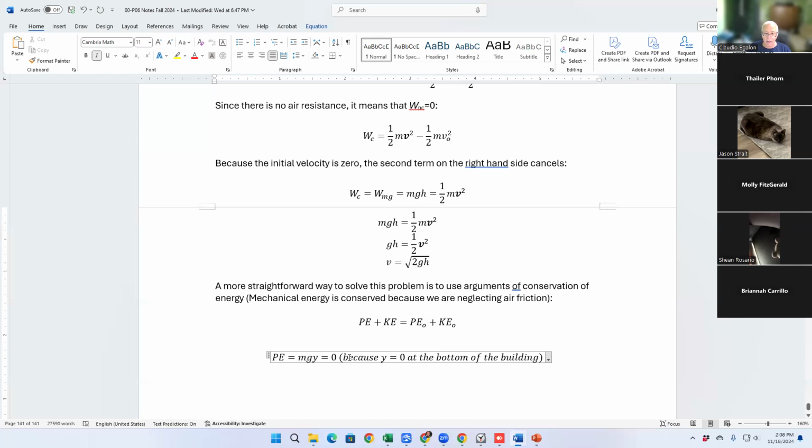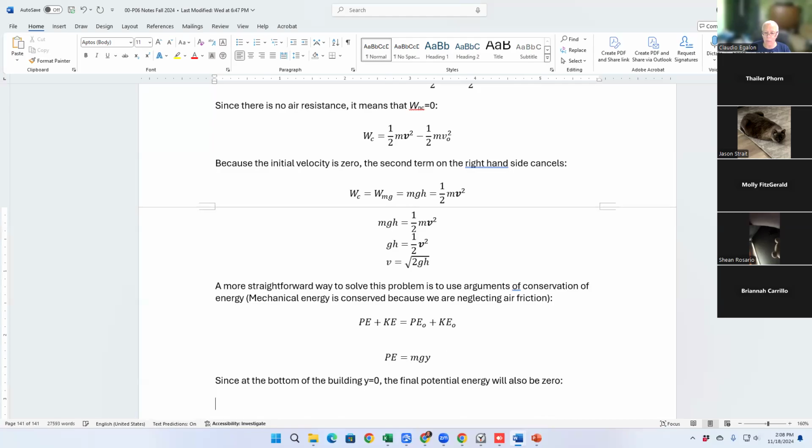That's another way. Since at the bottom of the building y is equal to 0, the final potential energy will also be 0, like that.